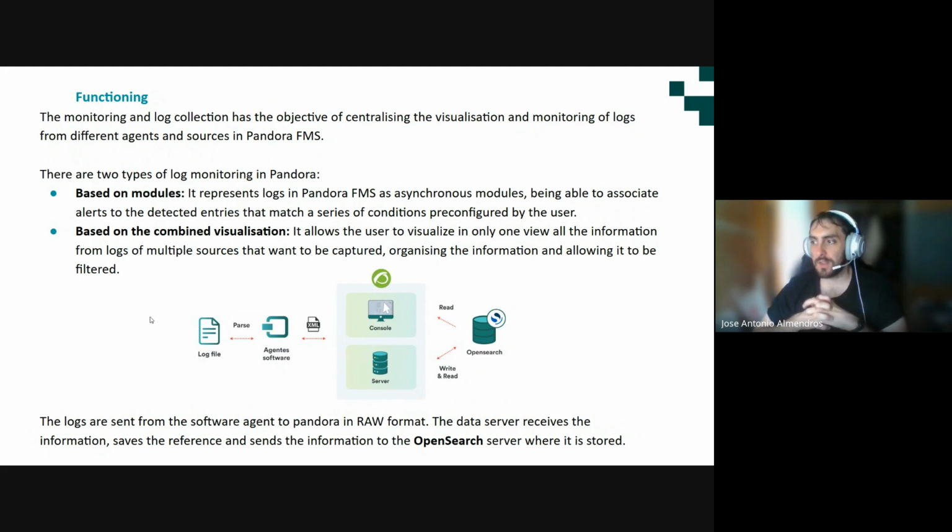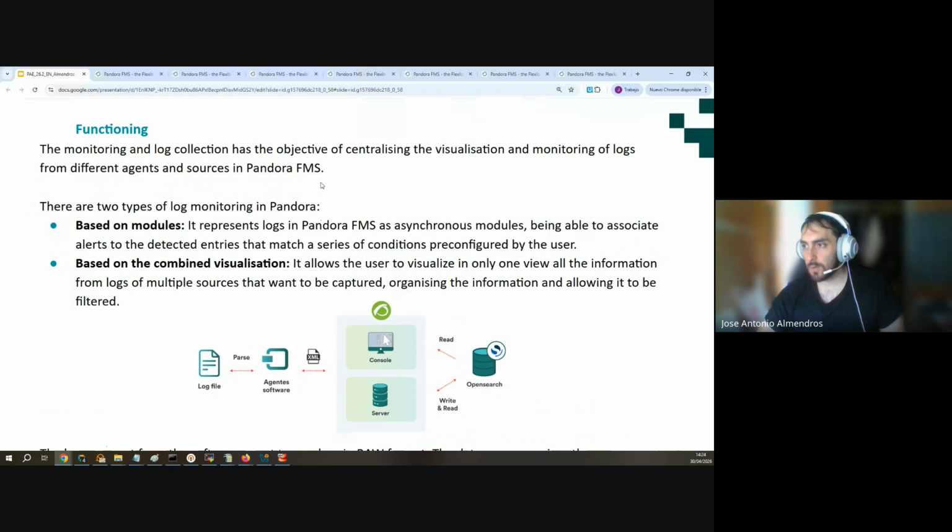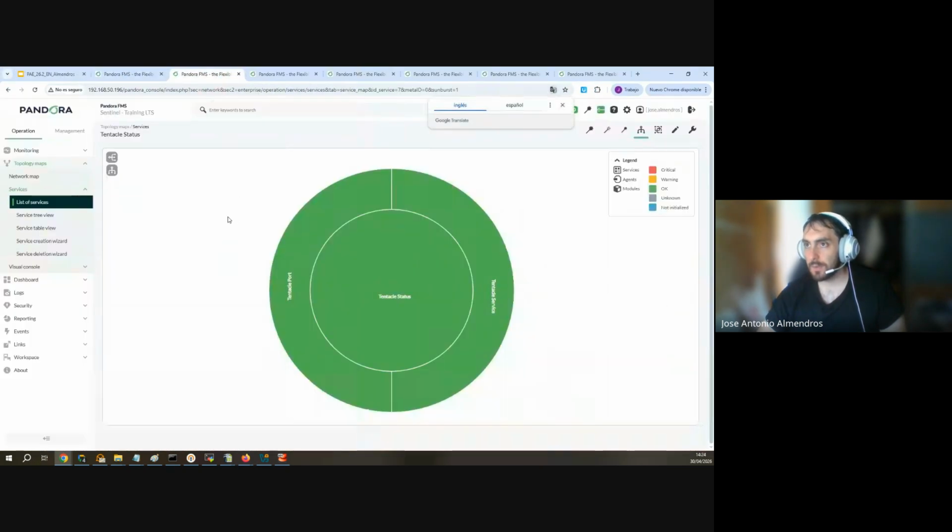In that case, we don't need any other server installed in our environment. But if we want to use the combined visualization, we need to install and use a new server with an OpenSearch service installed. It is mandatory. We are going to see the differences in this machine, where I think the log view is working.